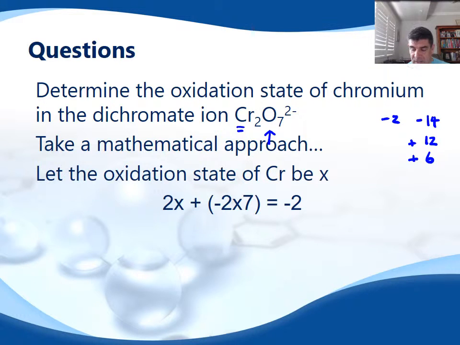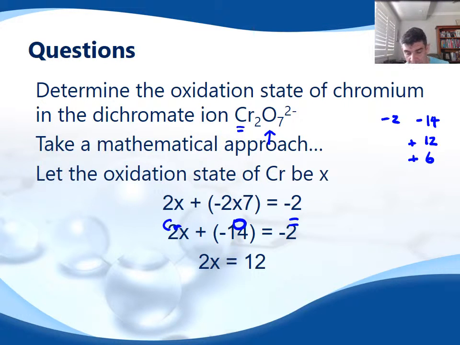So if the oxidation state of the chromium is x, then 2 times x, which is the chromium, plus -2 times 7, which is the oxygen, must be equivalent to the overall charge, which is -2. 2x minus 14 equals -2, 2x equals 12, and x equals 6, exactly as we did over here. With many of these problems, there's going to be multiple solutions. You need to just work out which way is going to work best for you so that you can consistently get the correct response.